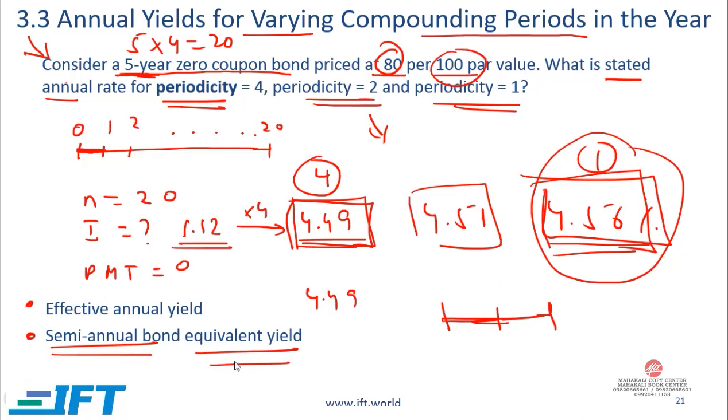The application of this is that you are comparing a zero coupon bond with a bond which makes a payment every 6 months. What you would then want to do with the zero coupon bond is use a periodicity of 2. Then the number that you come up with can be compared with a coupon paying bond where the payments are made every 6 months.